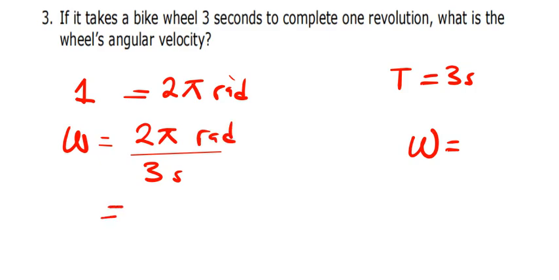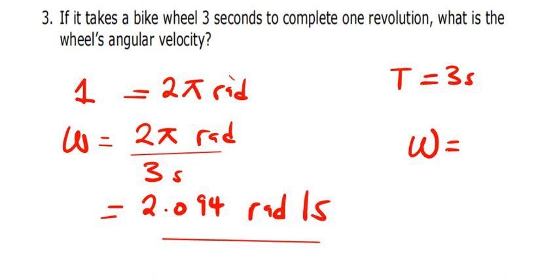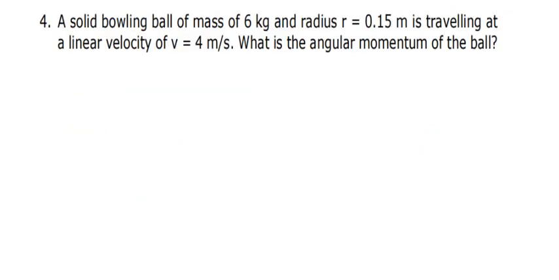So 2 pi divided by 3, I'm getting 2.094 radians per second. So basically this will be our angular velocity. Now that we found that, let's go to question number 4.